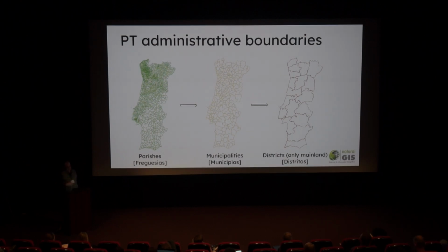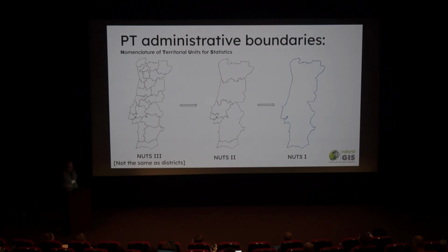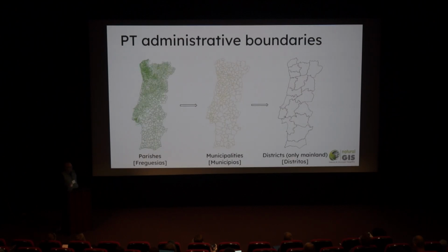And then, of course, from there, you can get bigger administrative units that are municipalities and districts. Then there are also the NUTS, levels 3, 2, and 1, where the NUTS 3, for some reason, is not directly derived from districts.